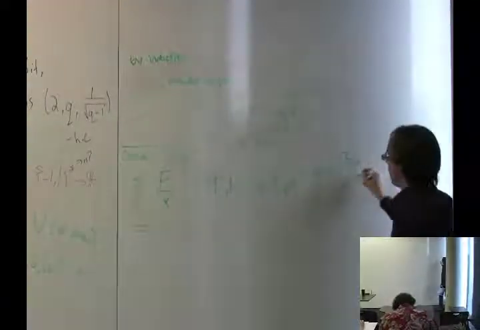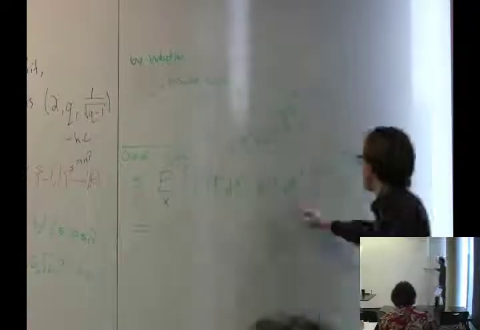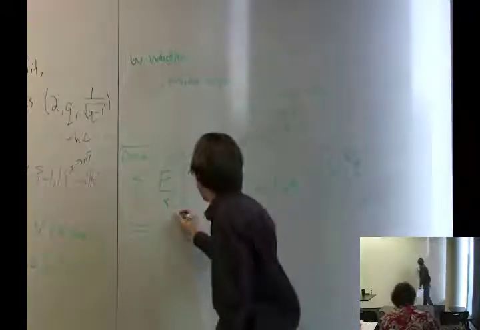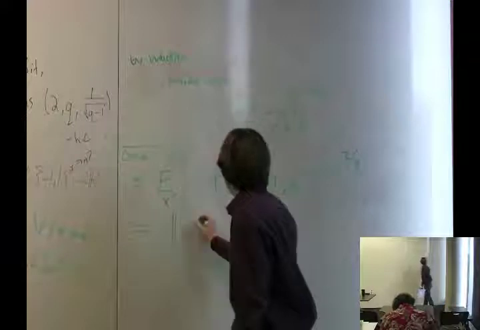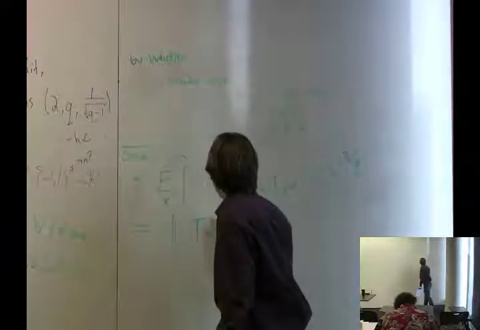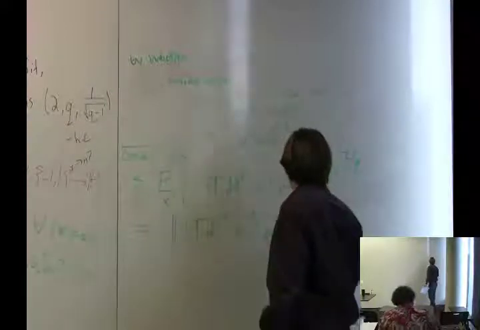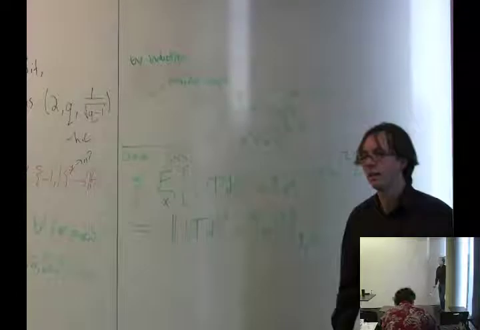So even better, we have the expected value of some stuff to the power of q over 2, all to the reciprocal, 2 over q. So that's the q over 2 norm of some quantity. So that's literally equal to the q over 2 norm of Td squared plus Te squared, right?